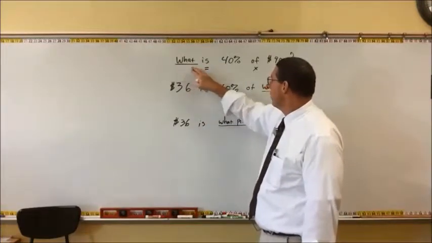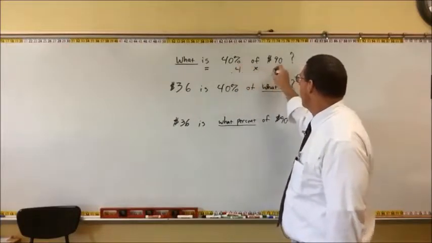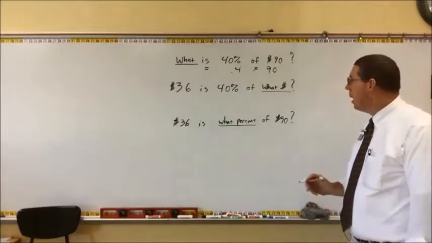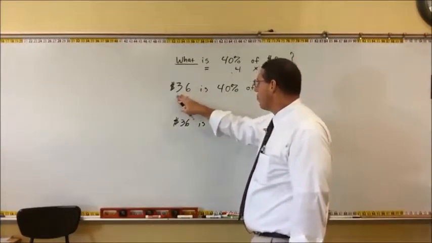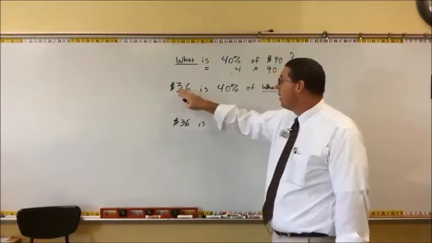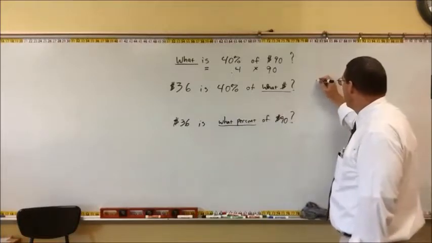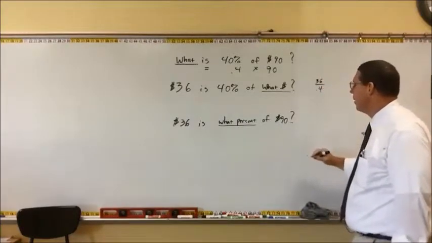So some number equals 40% of 90, that's 0.4 times 90, and that'll give you 36. But if you know the percentage and the answer number, you're going to divide the answer number by the percentage. It's always going to be, in that case, 36 divided by the decimal.